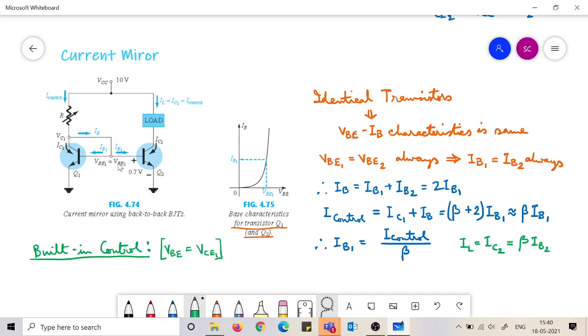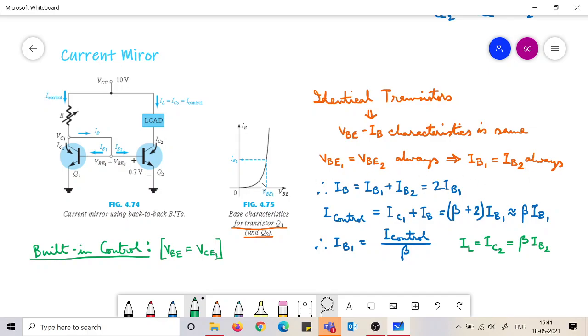So if these two are same, by the input characteristics, for a particular VBE, the IB is getting fixed from the input characteristics. Since the input characteristics are same for both the transistors, the IB1 and IB2 are also becoming same.